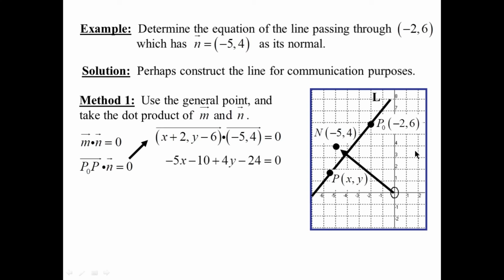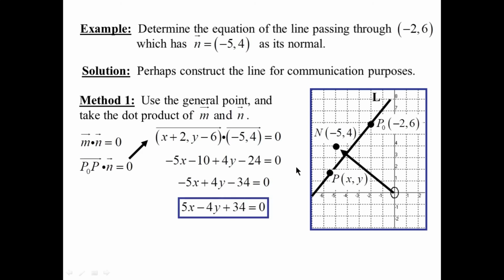Finding the dot product, equaling it to 0, simplifying, and we like our x terms positive, so we can just change all the signs.